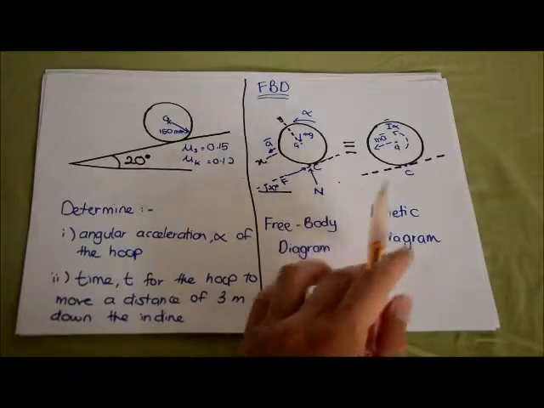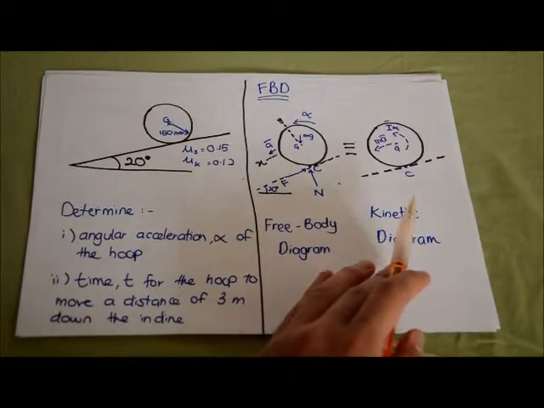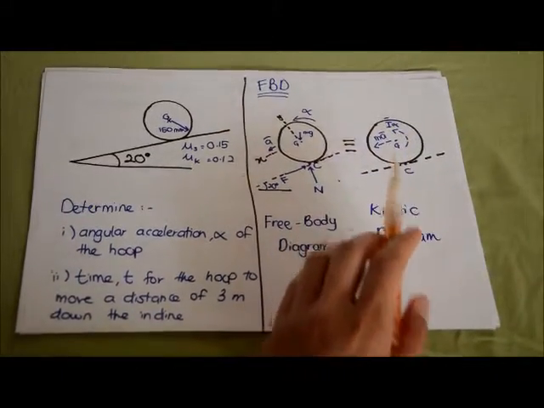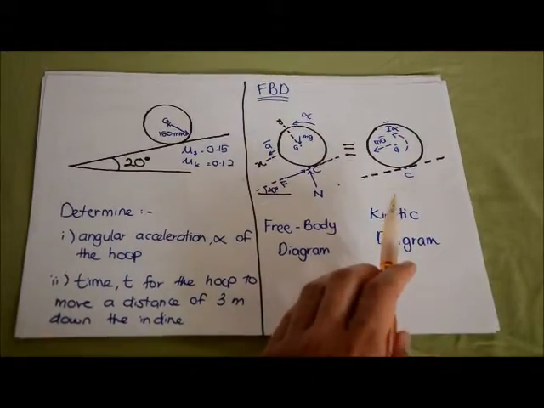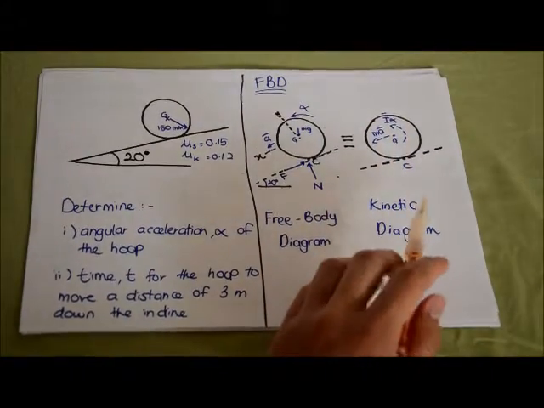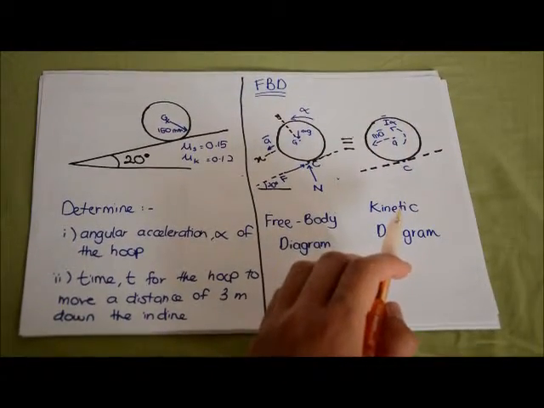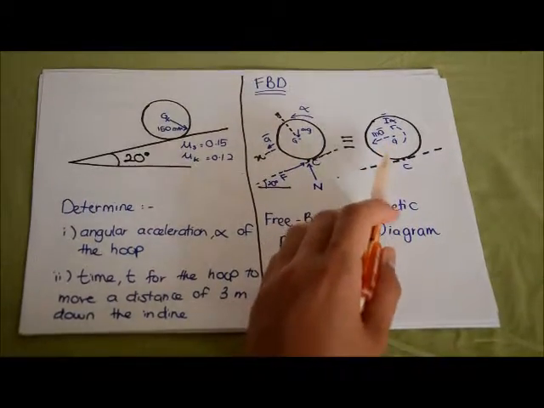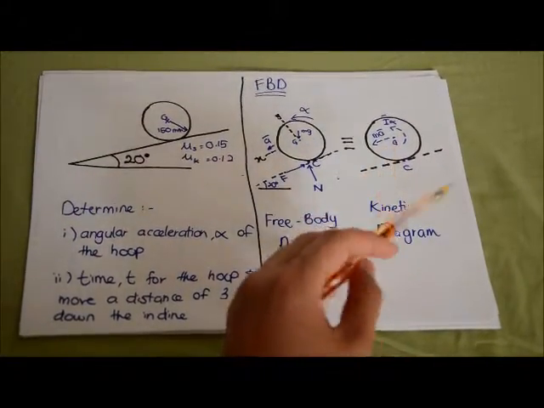Meanwhile, the kinetic diagram shows the resultant force m a bar at G in the direction of its acceleration and the couple I bar alpha. The counterclockwise angular acceleration requires a counterclockwise moment about point G, so F must be up the incline.